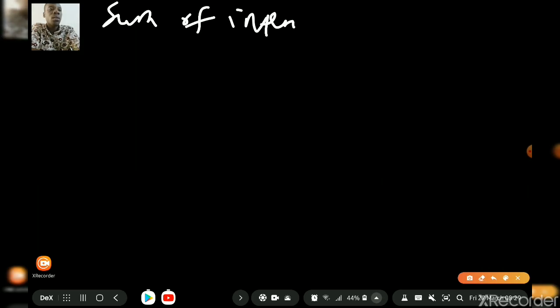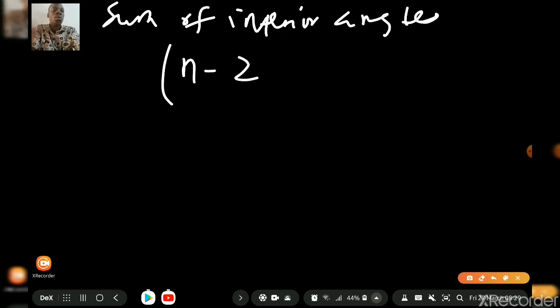Take note of the formulas we've already seen. The sum of interior angles will be equal to n minus 2 times 180.